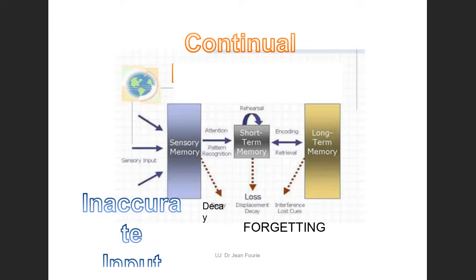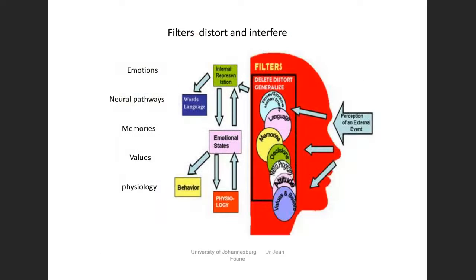So there are things that can happen at all stages of the input-output processing model. And we think about these a lot as filters as well. Information that comes in through our senses from external environments goes into, as I say, the sensory register and then the short-term working memory.